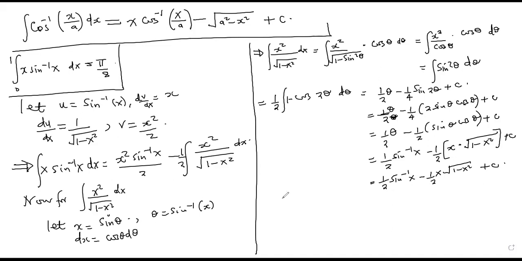Now we bring in the limits. Before the limits, this was just for this part. We still have this a half, and we have to substitute everything.